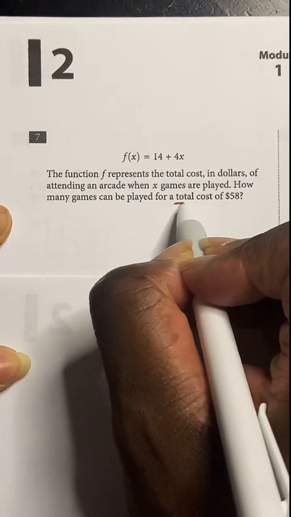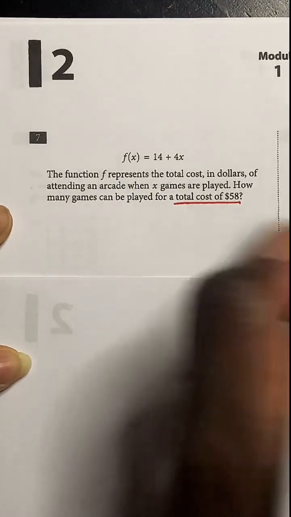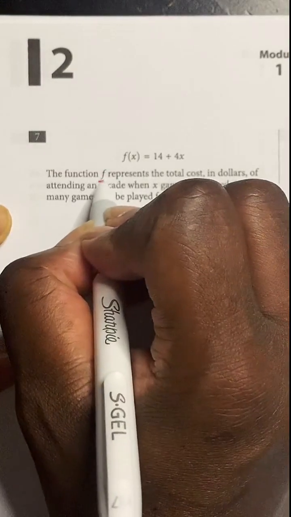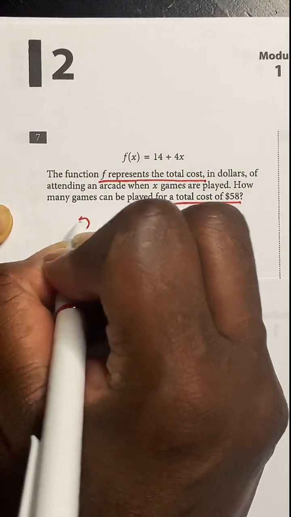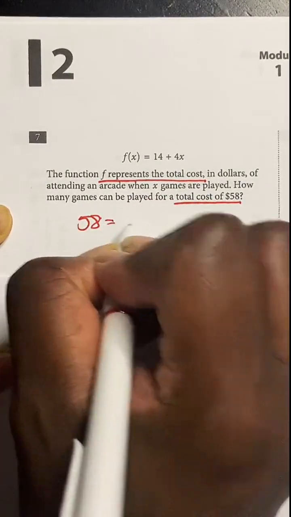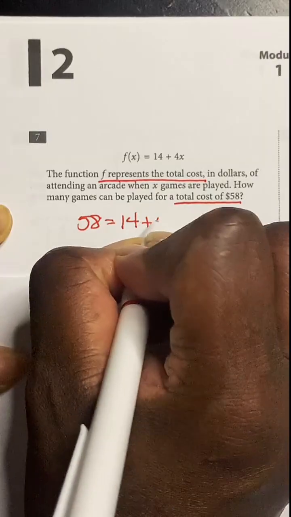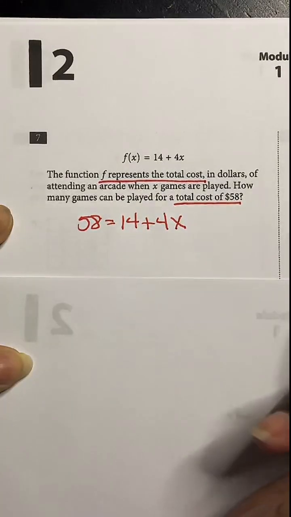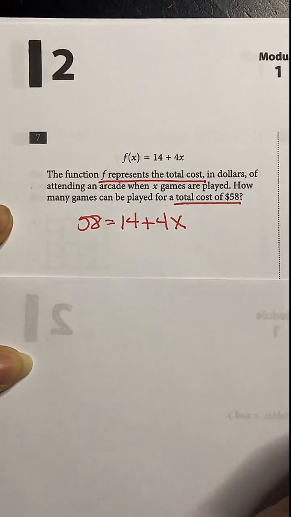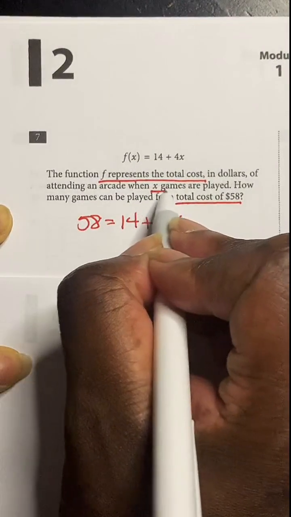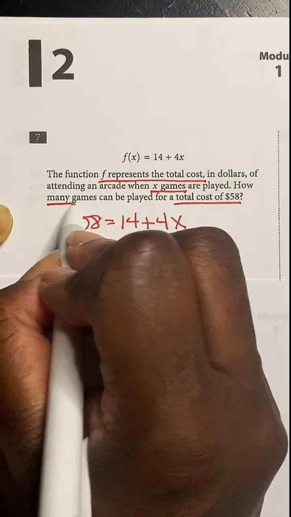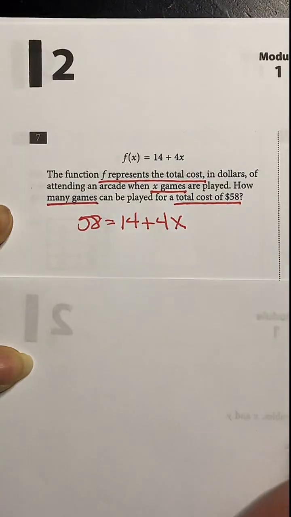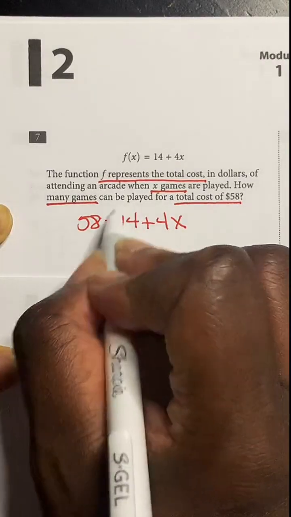So they're telling me my total cost is $58. So that's going to be what my f represents. So that means we have 58 equals 14 plus 4x. Now we're solving for x because the x is representing the games, and they're asking how many games. So I need to do the inverse.